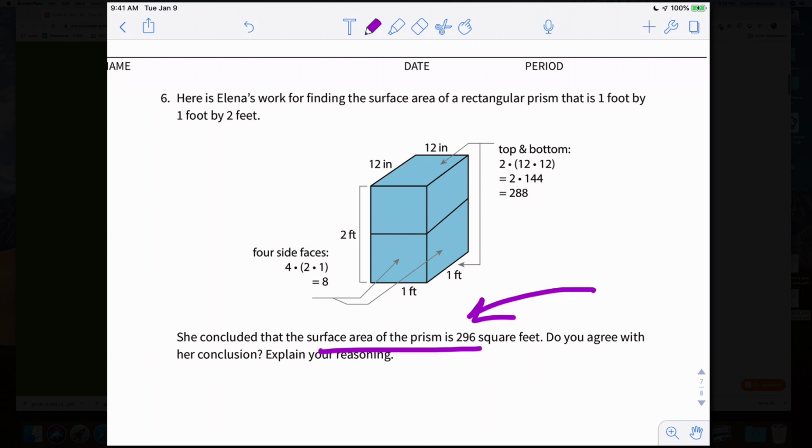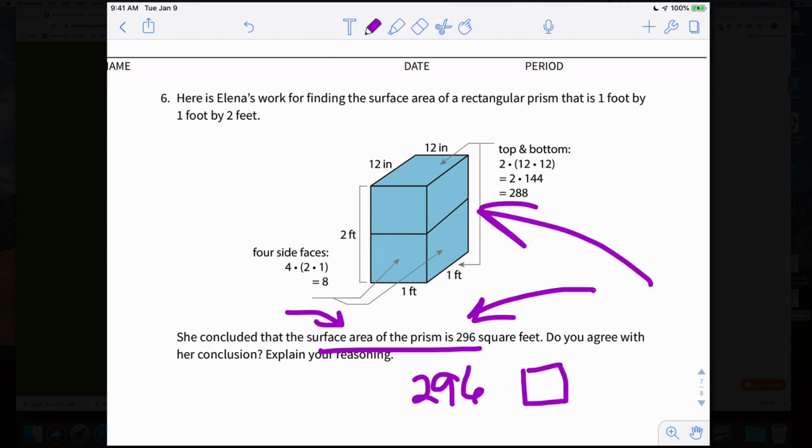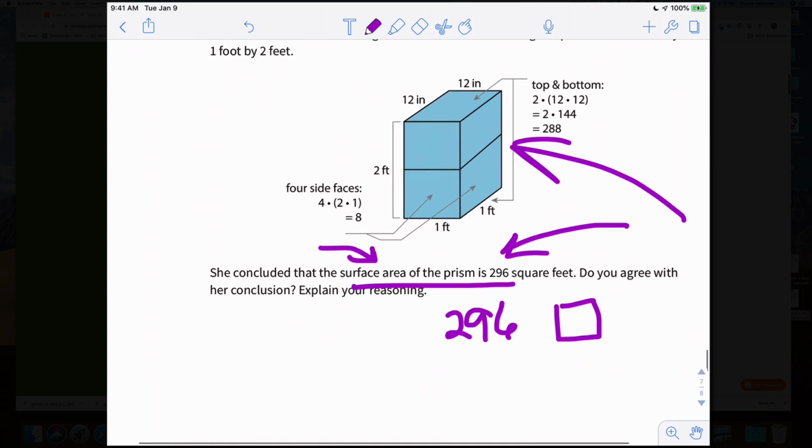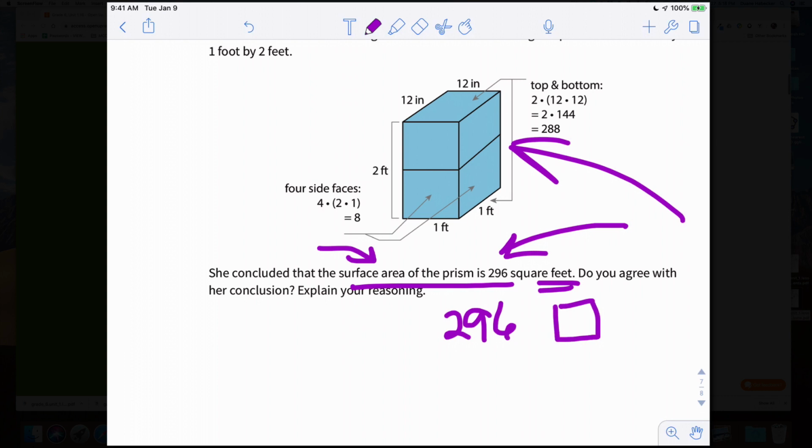No, there's just no way that the surface area can be 296 square feet. She is saying that to cover this figure requires 296 little squares that are each 1 foot by 1 foot.